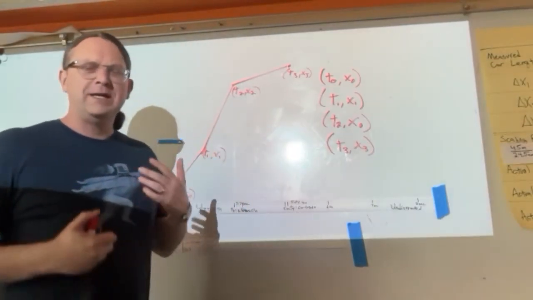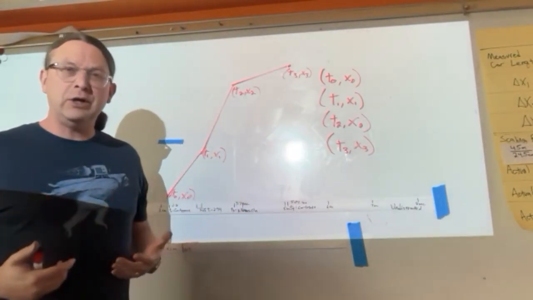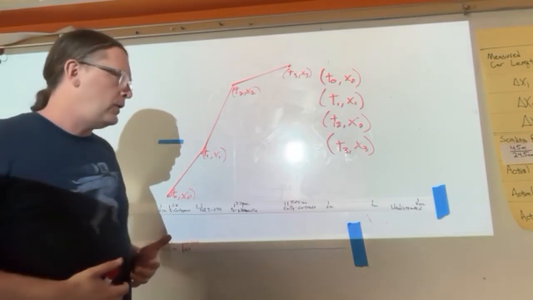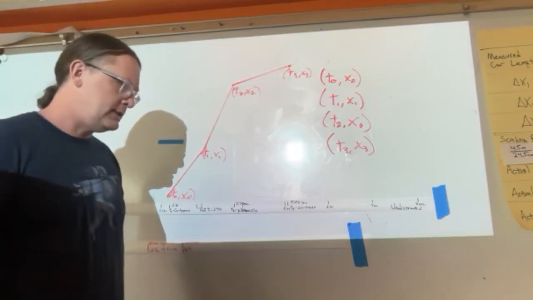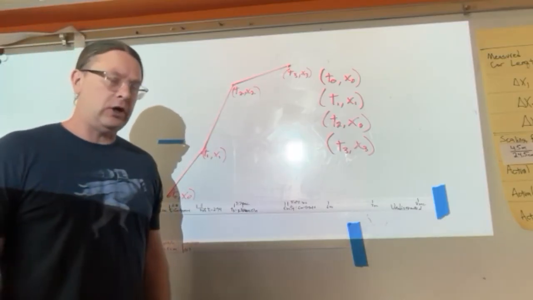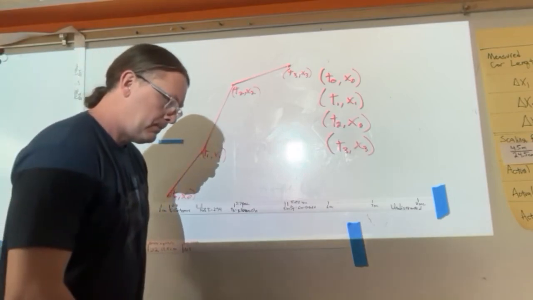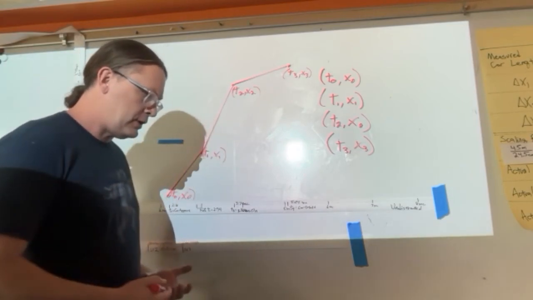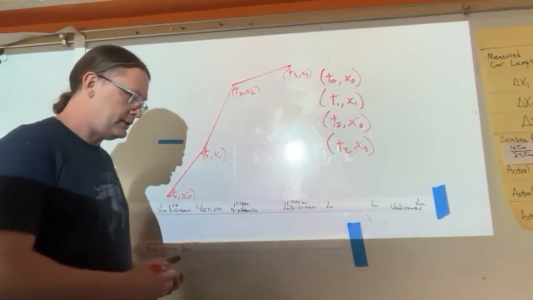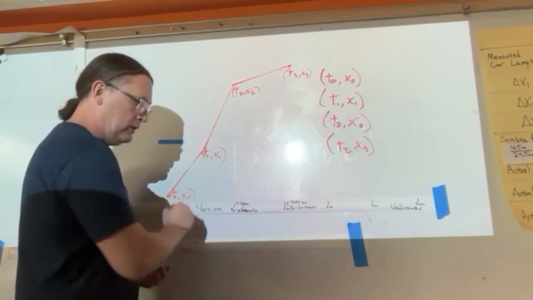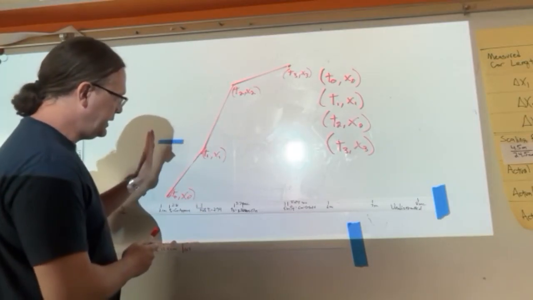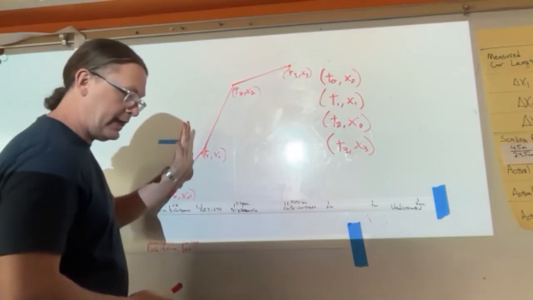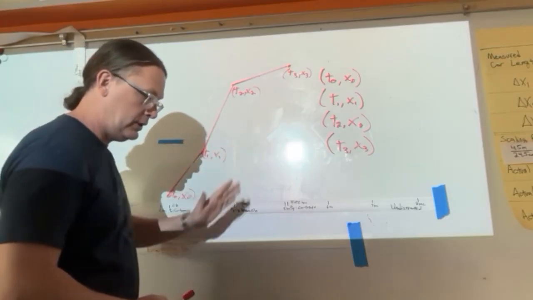So now, to help us think more clearly about what this graph is showing us, let's consider the speed of the car. In math terms, we call this the slope of the line, or how much the y-axis changed every time the x-axis changed.